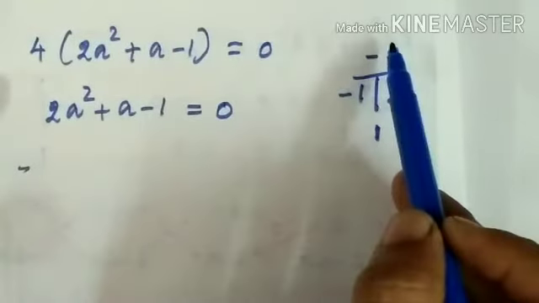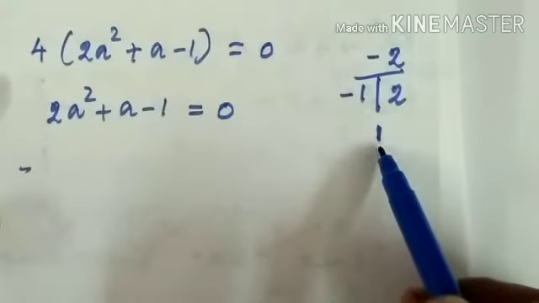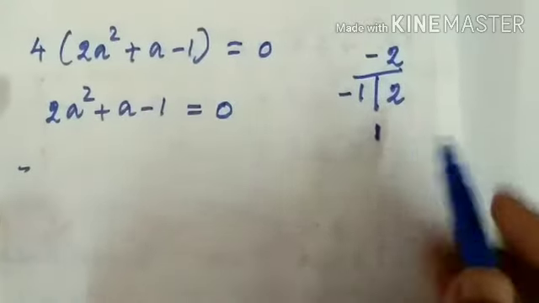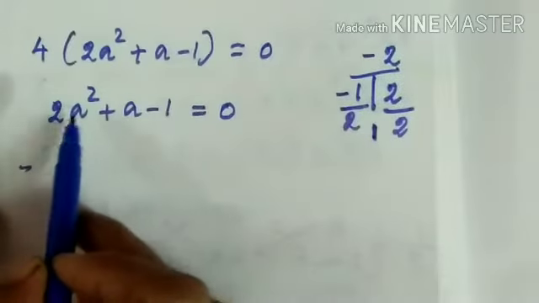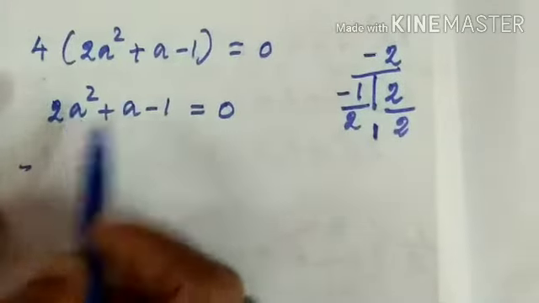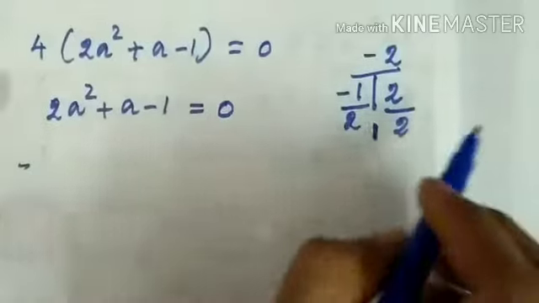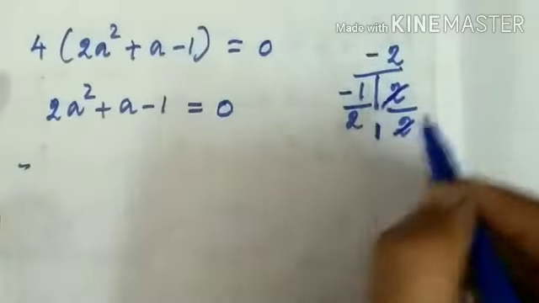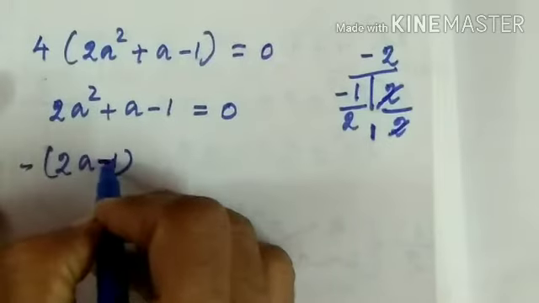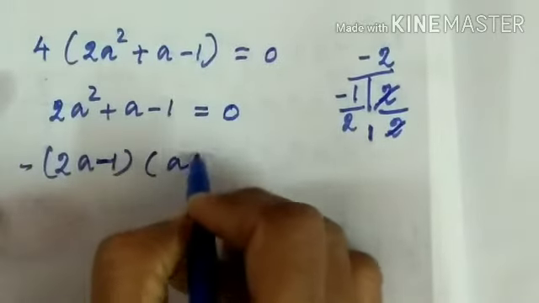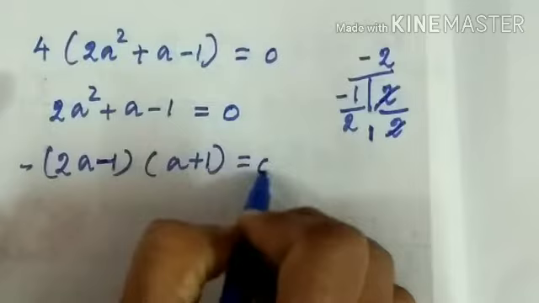Multiply means we get minus 2, add means we get a plus 1 divided by 2. Because here coefficient of a squared is 2. So divided by 2 means we get 2a minus 1 one factor and a plus 1 is another factor.